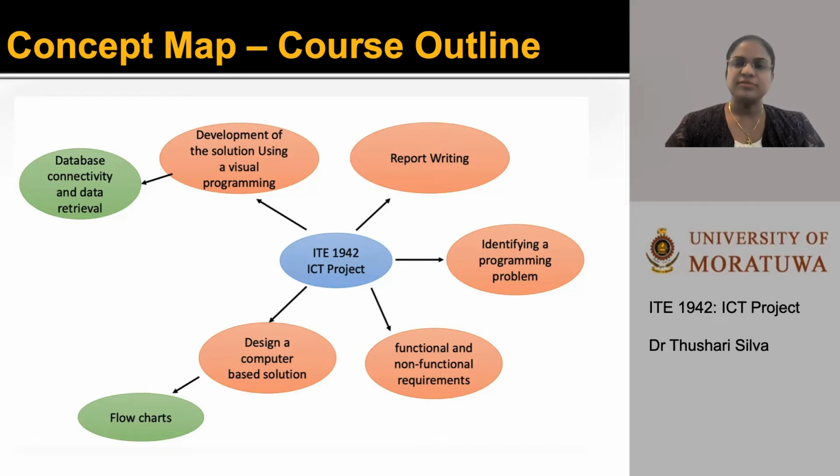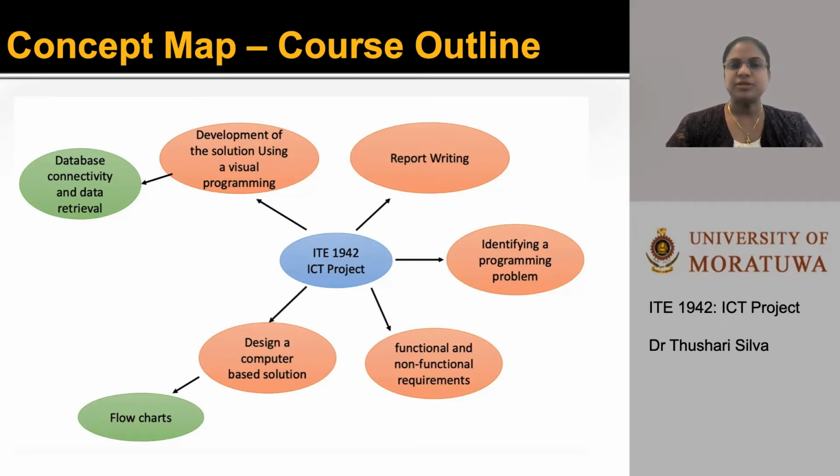Decision boxes, plus the conditions, inputs and outputs are to be mentioned very clearly. Once you have identified the solution and designed it using flowcharts and pseudocodes, you need to use a visual programming language to implement your solution. The development of the solution using visual programming is another section that you need to go through.